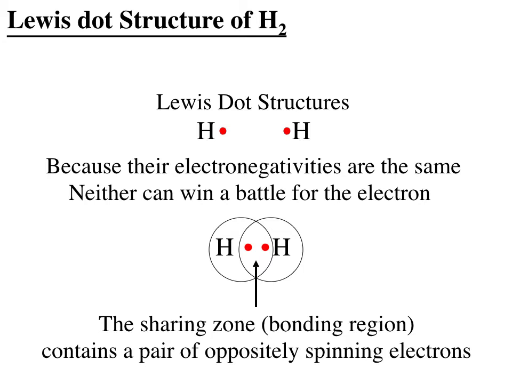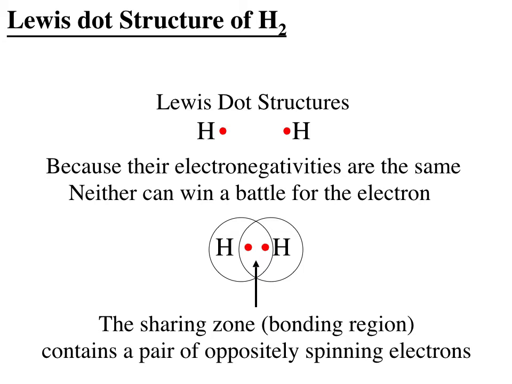Now, the electronegativity of HA is exactly the same as the electronegativity of HB, so neither could win a tug of war over these electrons. So they each just contribute an electron into a sharing zone.